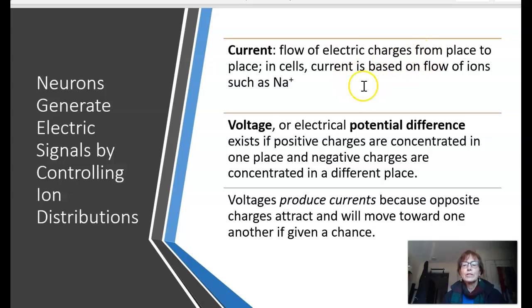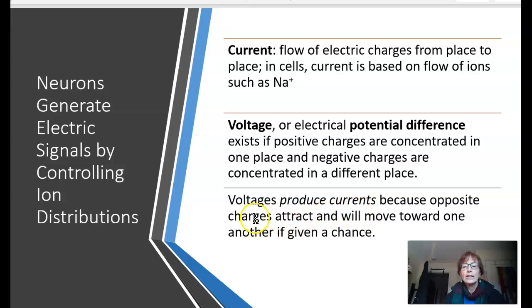And it's based on the ions, the sodium ions coming in and then the potassium coming out. So we'll look at that in a minute. But voltage is this sort of measurement of the difference across the membrane, how much of a positive or a negative charge there is at any given place in time. And when we look at this voltage, that's what's going to produce the current, right?